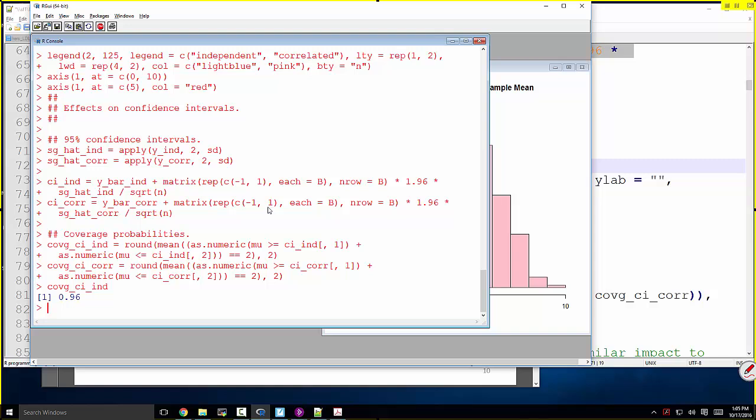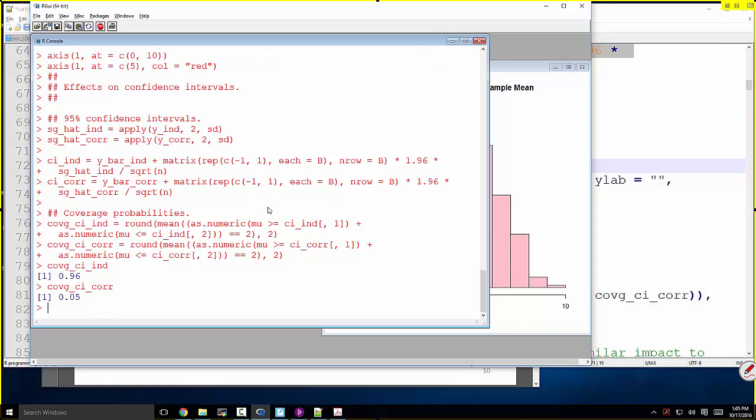But when there's that strong positive within-class correlation, the intervals were terrible. Only 5% of them contained the truth. So in this case, you have a spreadsheet with 100 rows in it. You treat it as if it's usual random sample IID data, use a T or Z-based confidence interval, and it would be incorrect. You would not have the correct interpretation.